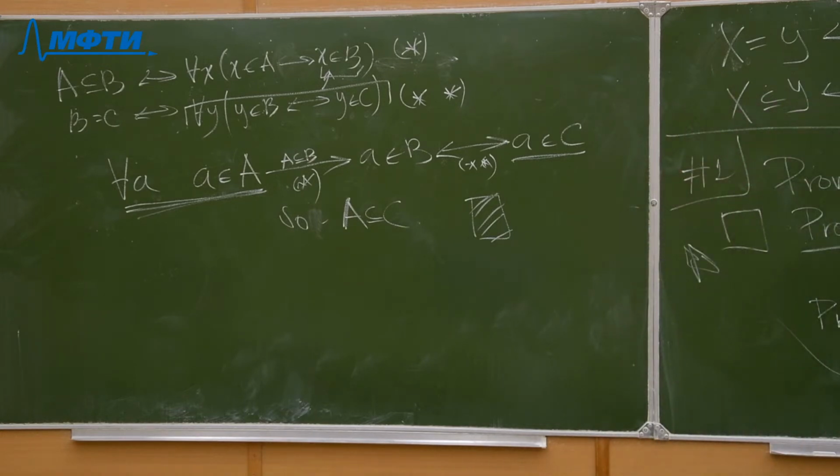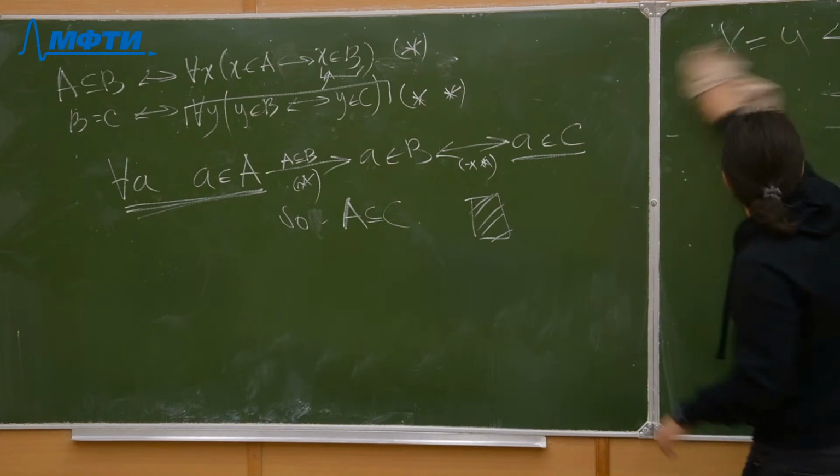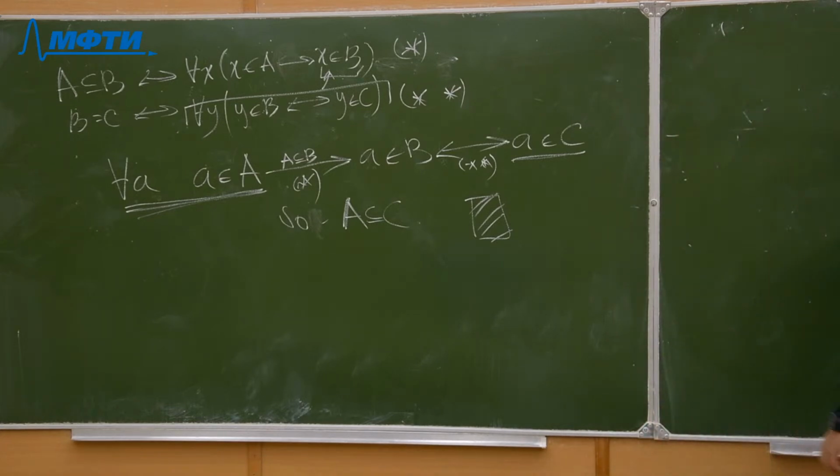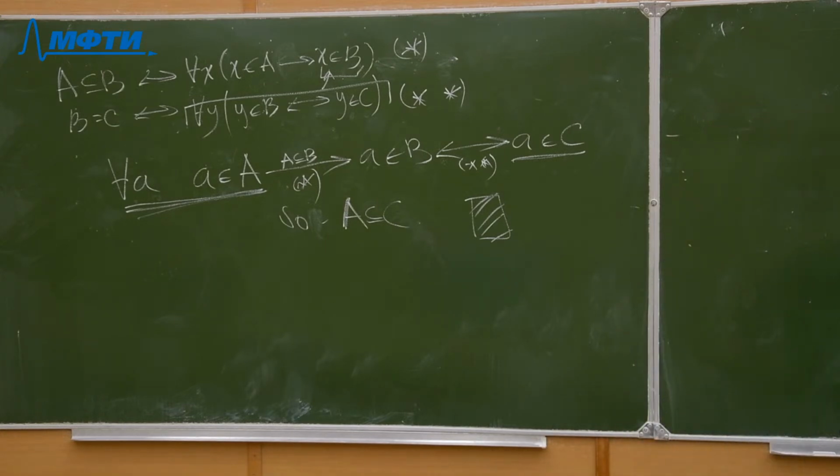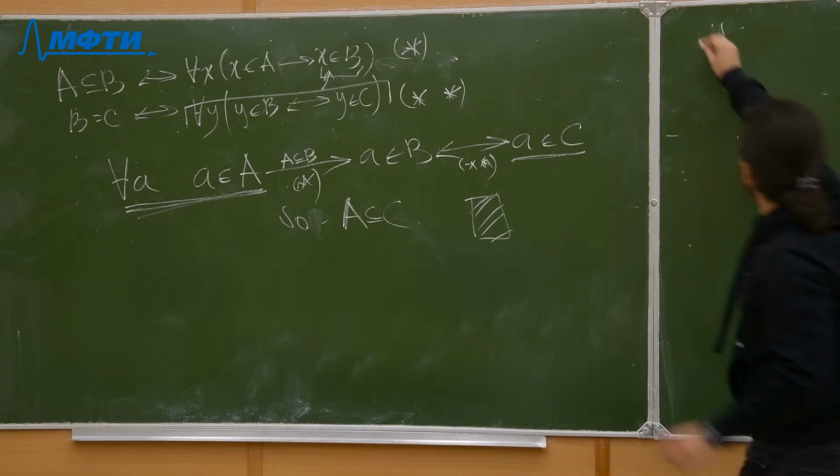Here. No, I will need that. Oh, I think it will be fast. Number 2, which one is number 2? So we have two sets. So this is number 2.